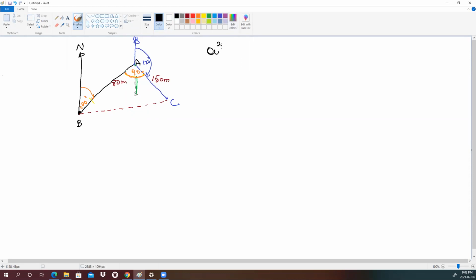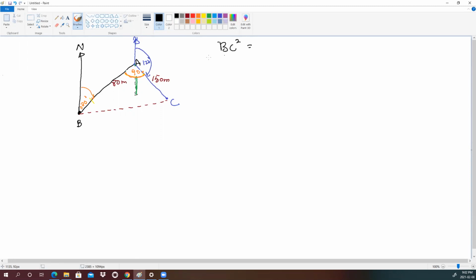I'm actually not going to write A squared, I'm going to write BC squared, just to say that I'm trying to find BC, to make the point that it's just the ratios that matter.